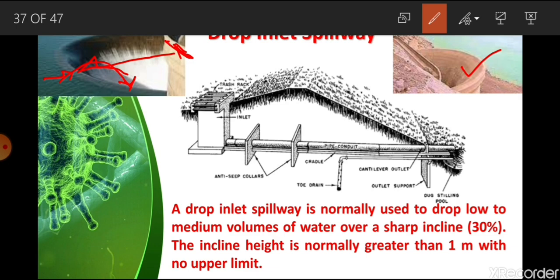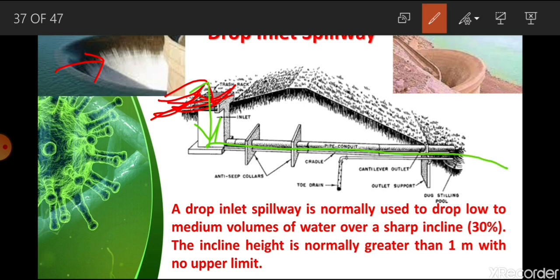When water goes inside, it is connected underground like this. If you consider this structure is somewhere here, water will flow inside, and then through this conduit the water will pass into the downstream area. So this is a drop inlet spillway where water or flood is dropped into the conduit.